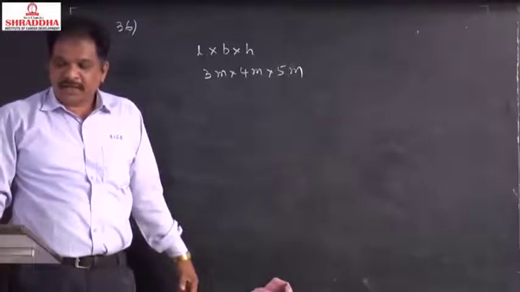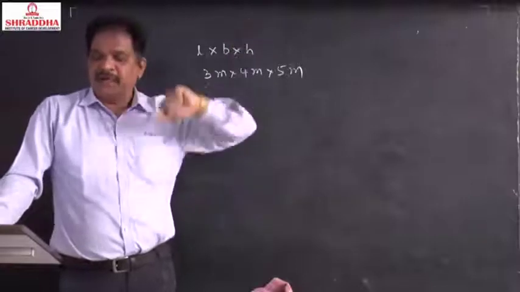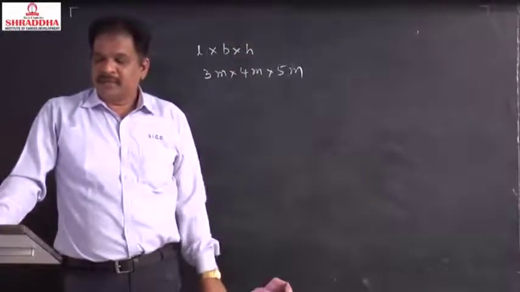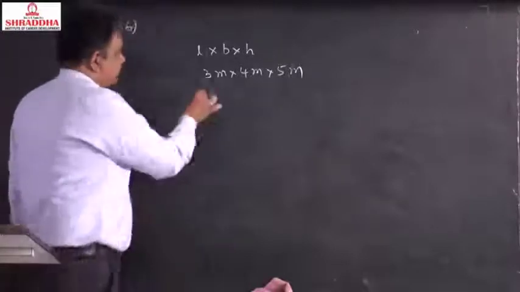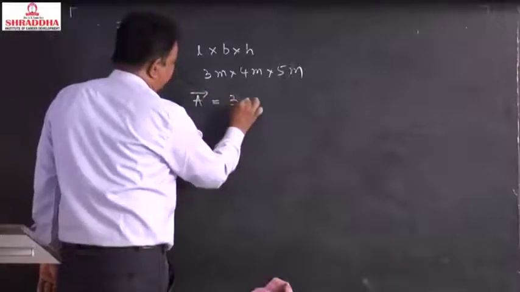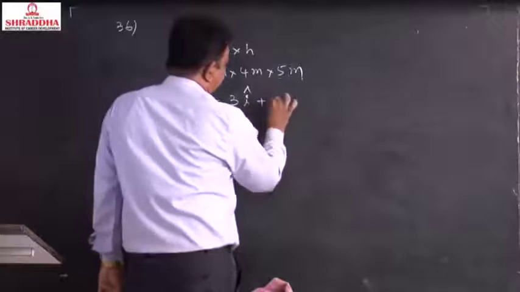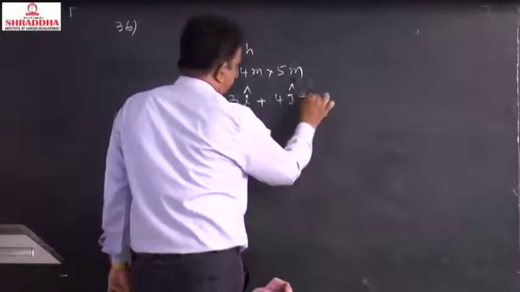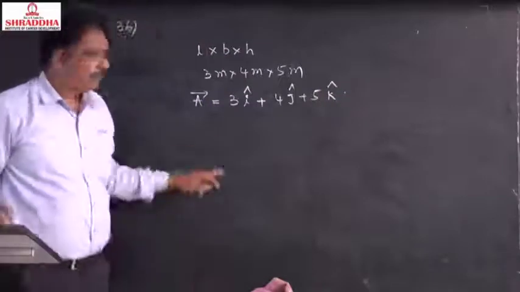A fly starting at one corner ends up at the diametrically opposite corner. The magnitude of the displacement? If we represent this in vector form, this will be 3i cap plus 4j cap plus 5k cap.